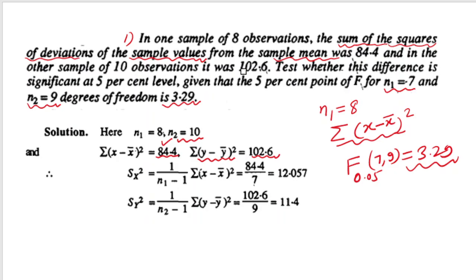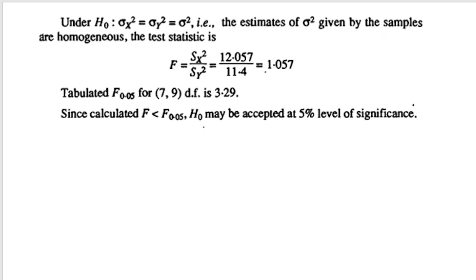They have given us these values. So if we want to test whether these samples have been taken from populations with the same variance, we have to apply the F test. So we use the null hypothesis H naught: sigma x square is equal to sigma y square, which is both equal to sigma square. It means the estimates of sigma square given by the samples are homogeneous.